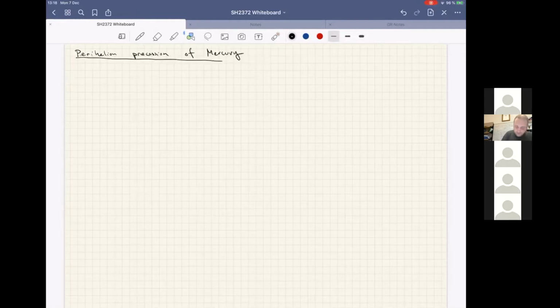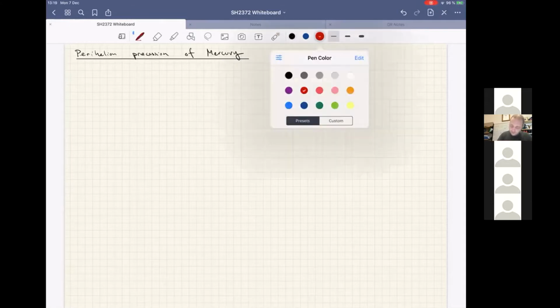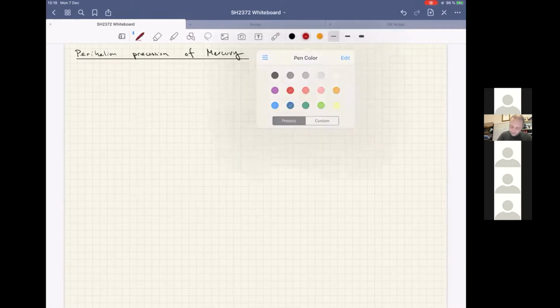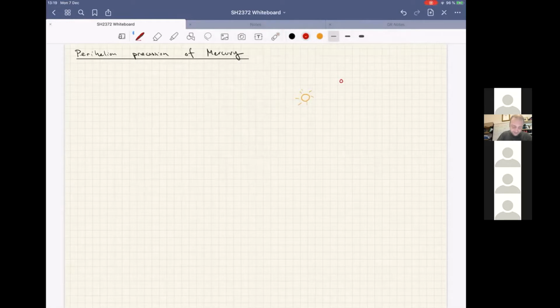So what is this? Well, you know that in classical Newtonian dynamics, if we have a two-body system, for example, the sun and the planet. So let me try to draw that. So we have the sun and we have a planet, for example, Mercury, that is orbiting this sun.